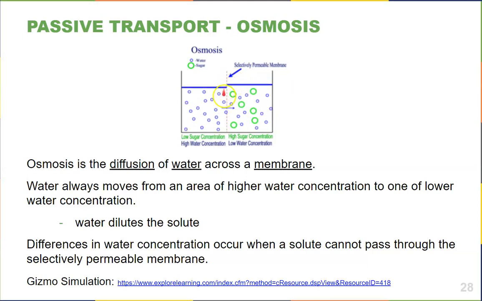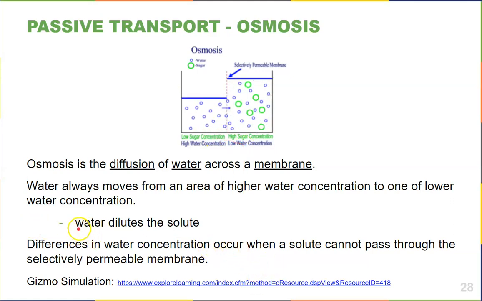At the start of the GIF, you can notice that there are a lot of sugar molecules here, and the sugar molecules remain only on this side by the end of the GIF. Since the sugar molecules can't move through the membrane, water is going to move through the membrane to dilute the sugar on this side. By the end of the GIF, you should be able to pause and count the number of water molecules, and it should be roughly equal on both sides.